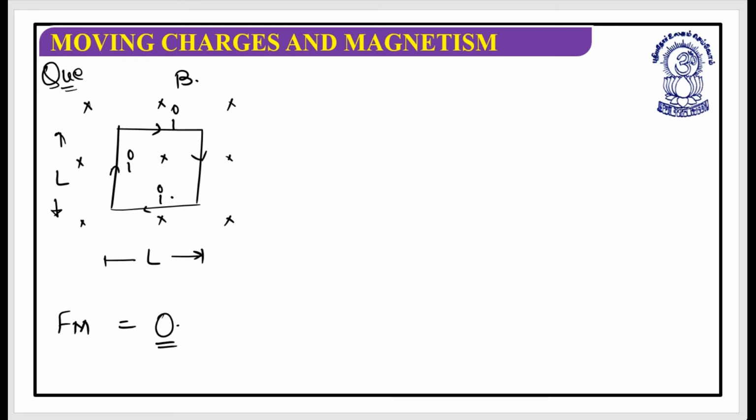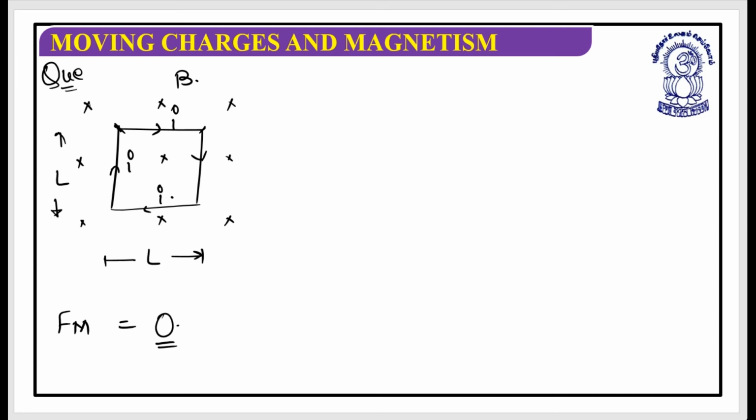Why? Because first thing, it is a closed loop. Second thing, the current is flowing in the same fashion throughout the loop, which means the net magnetic force will be 0.